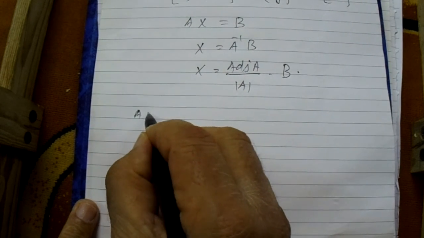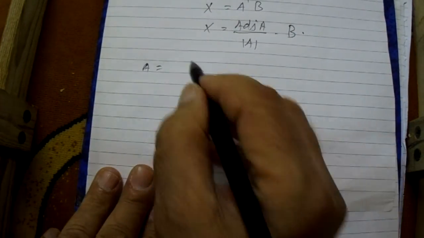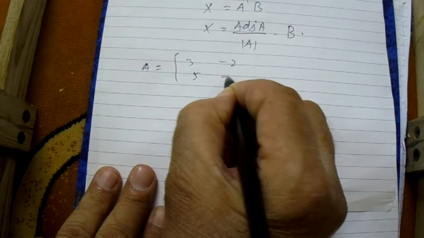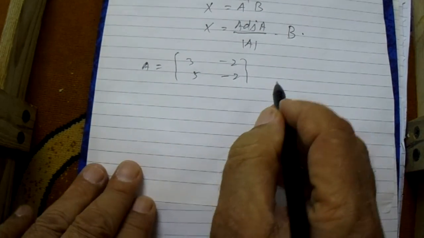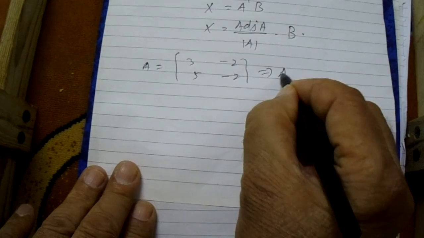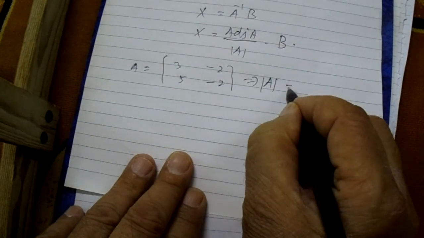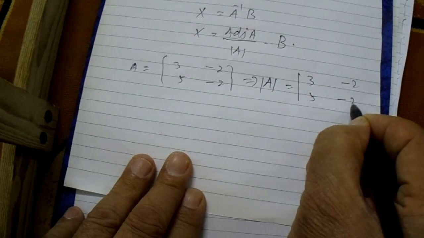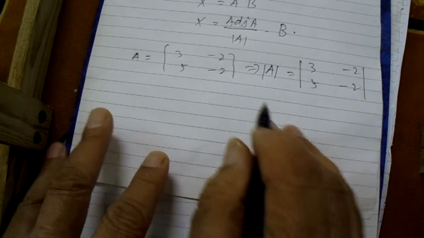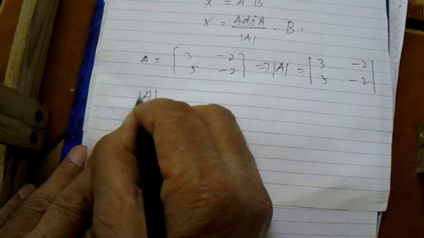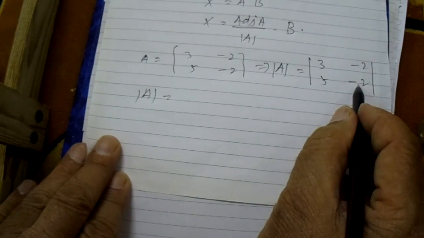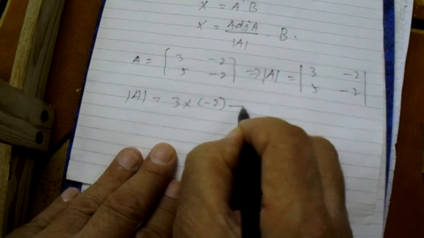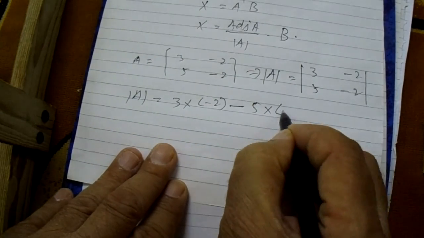Now we have matrix A, which is 3, minus 2, 5, minus 2. Now we find determinant A. Determinant A is equal to 3 multiplied by minus 2, minus 5 multiplied by minus 2.